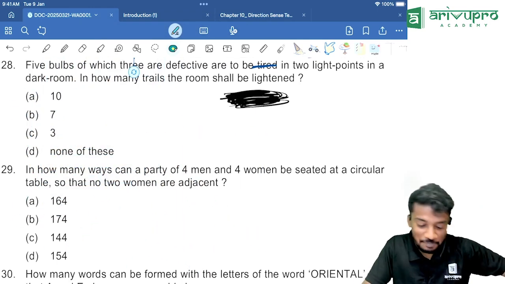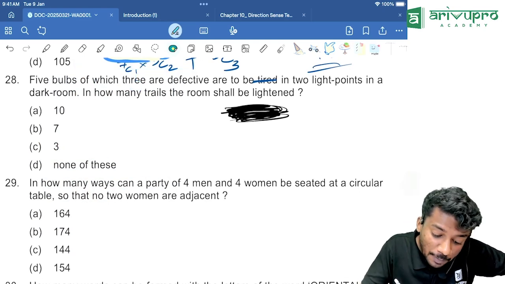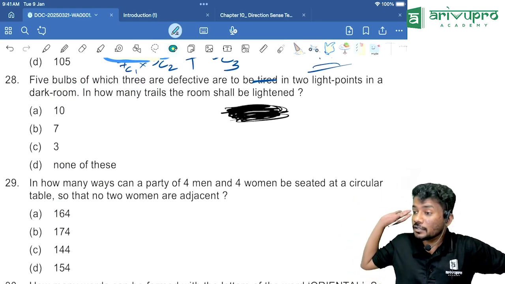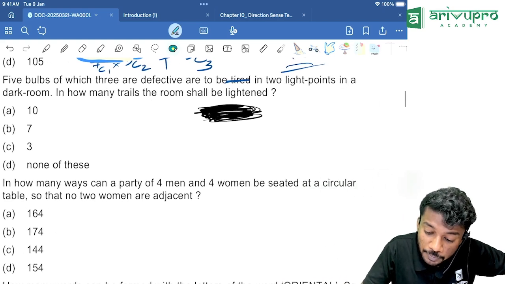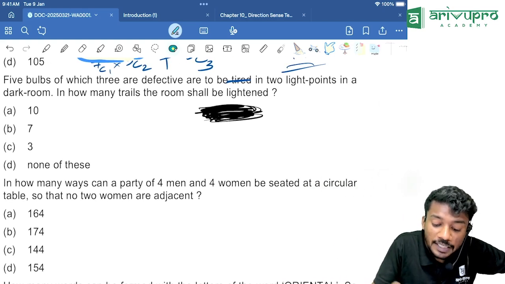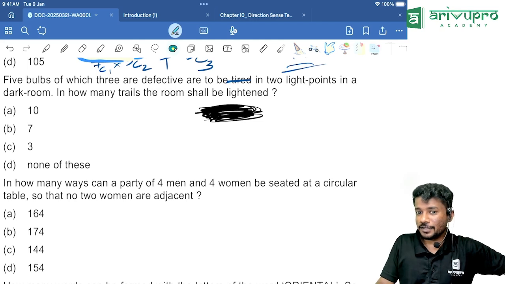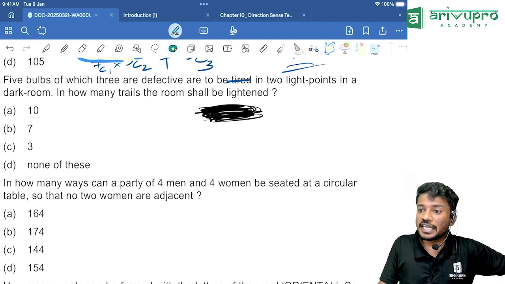Okay, fine. Now, there is a dark room. 5 bulbs of which 3 are defective. Now, 2 light points are there. In how many trials shall the room be lightened? So how many are defective? 3 are defective.